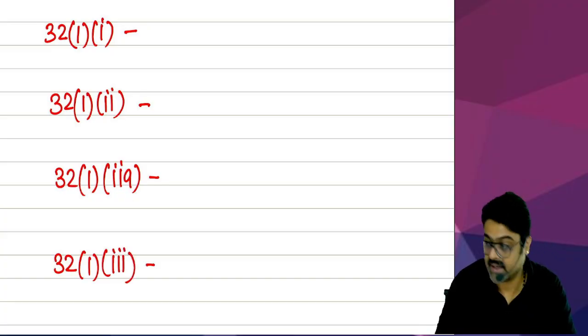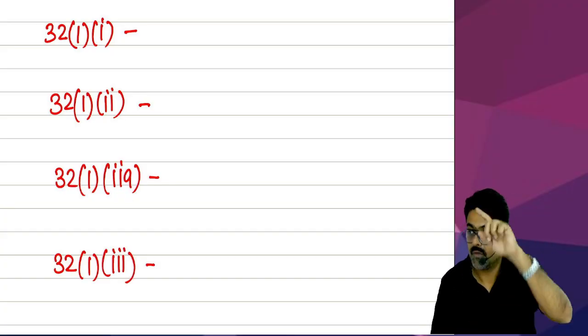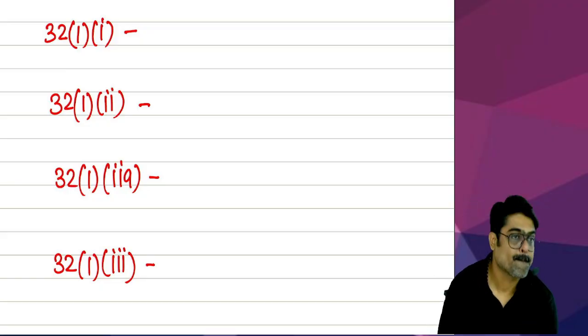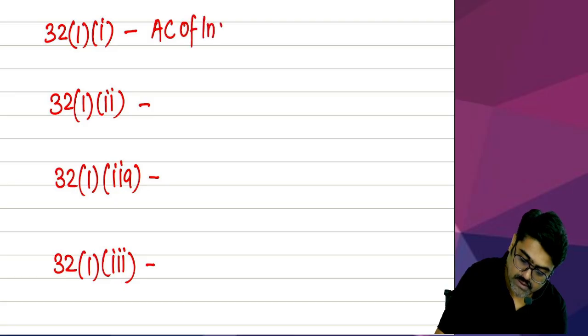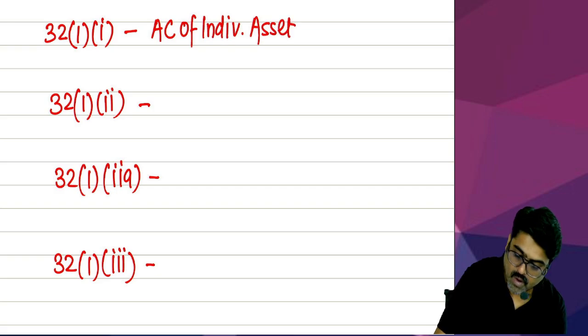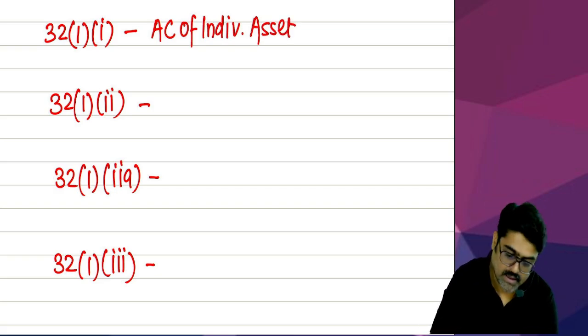Now please pay attention. You are going to tell me. First case, assessee is in power business. Here what are you going to say? You are supposed to take actual cost of individual asset. On this value the depreciation will be applied.